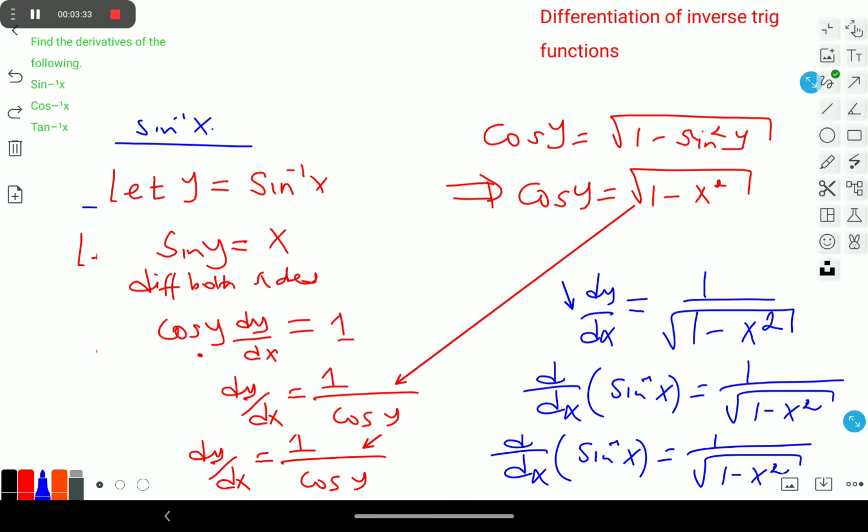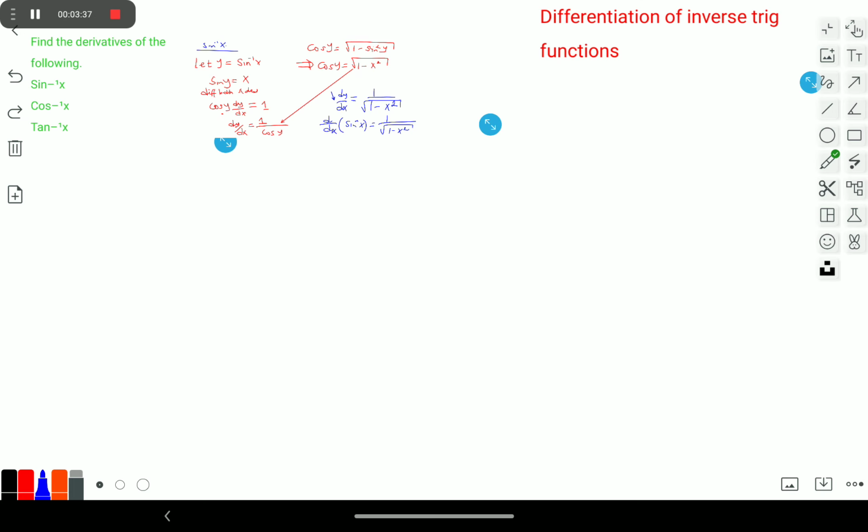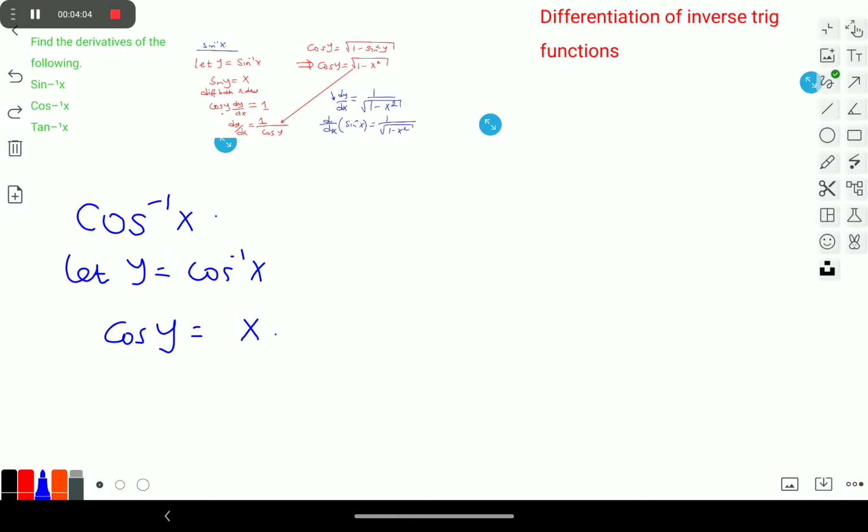Now the next one is cos inverse of x. We shall say that y is equal to cos inverse of x, and from this point we have cos y is the same as x, like what we have done in the previous question, meaning that we shall differentiate both sides.